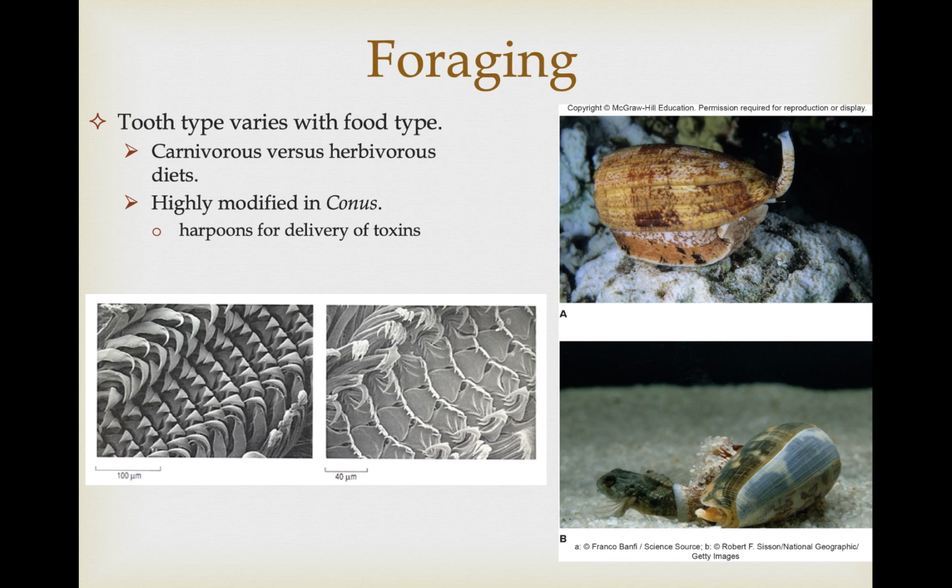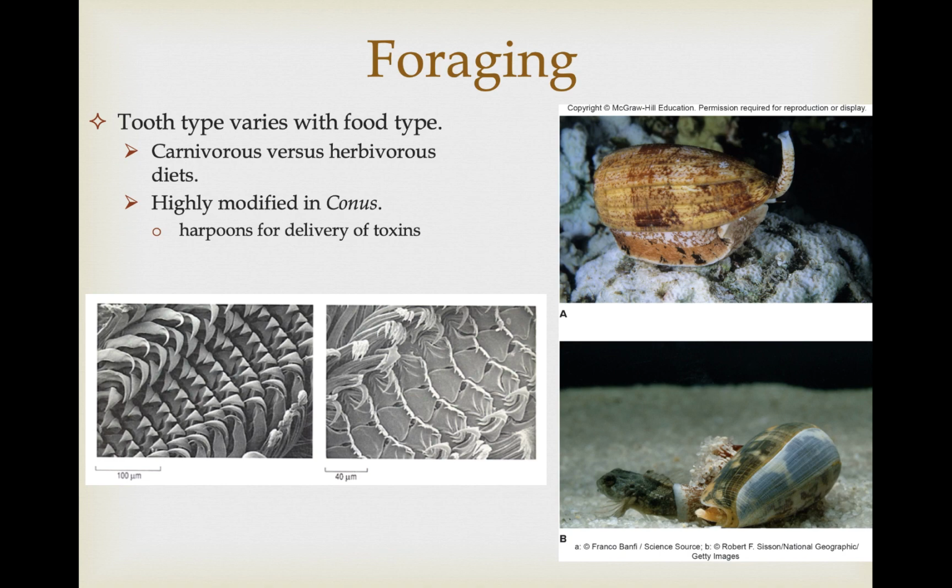The tooth type actually varies among mollusks depending on what they eat. So there are tooth shapes that are better at dealing with herbivorous diets and some that are better at dealing with carnivorous diets, just like we see in a lot of terrestrial animals. The most highly modified radular teeth are those associated with Conus species.